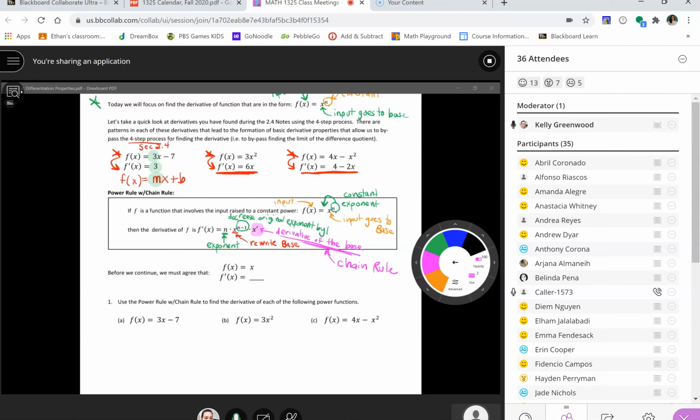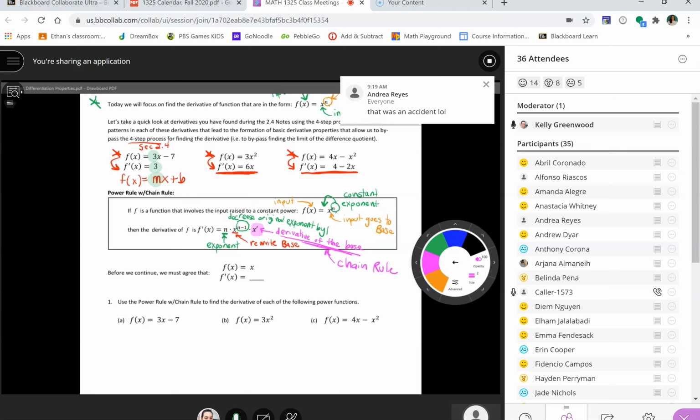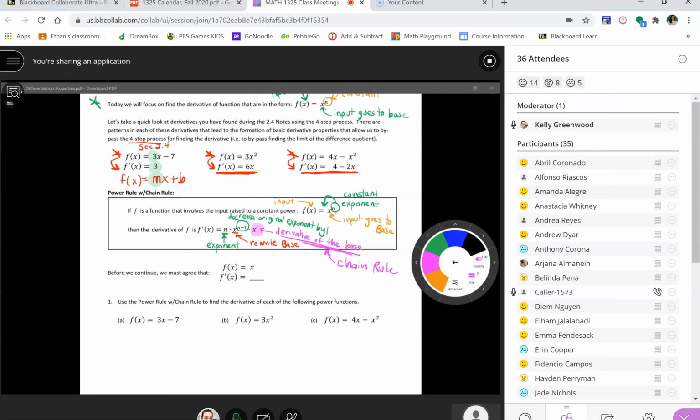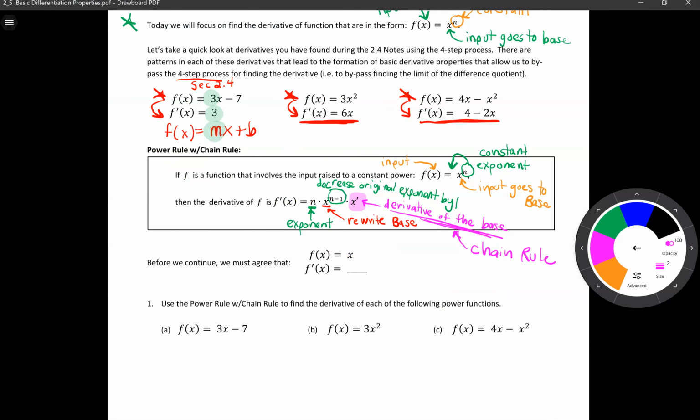Oh, is that an accidental hand raise? No worries. Okay, so I am seeing lots of shocked faces, lots of confused faces. I was expecting that. I'm not surprised. Let's just see this in action, and then you probably know what to ask. Right now you're like, I'm so lost, I don't even know what to ask.